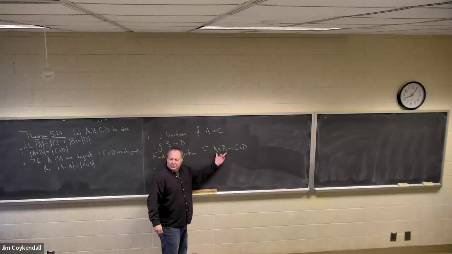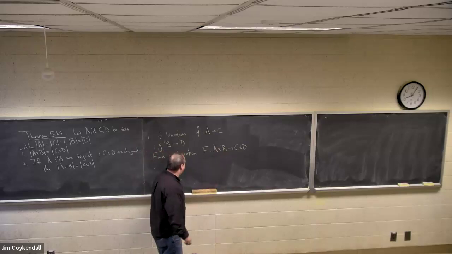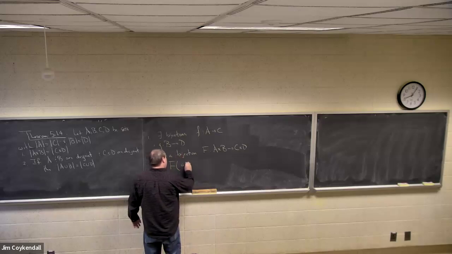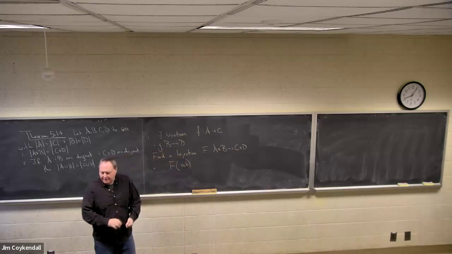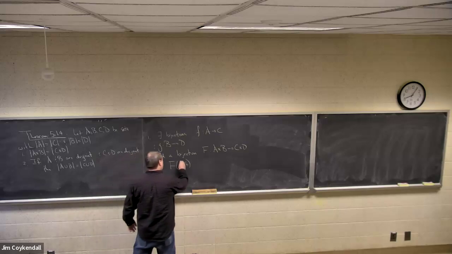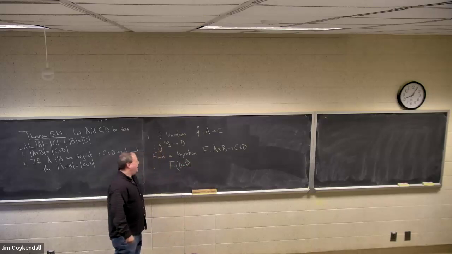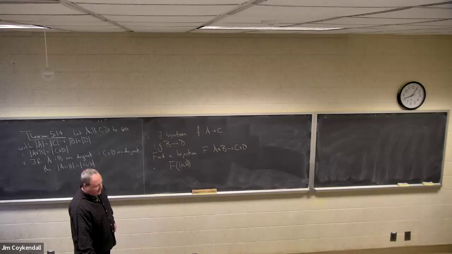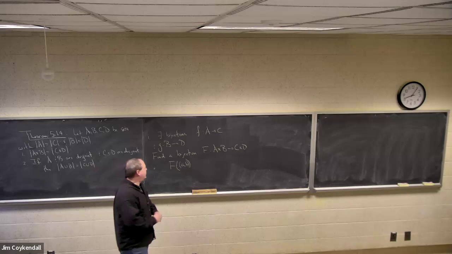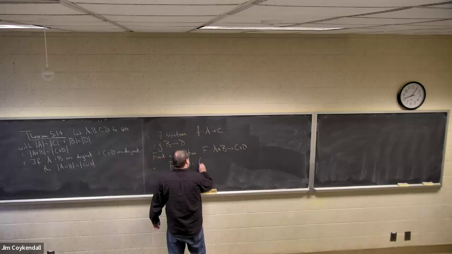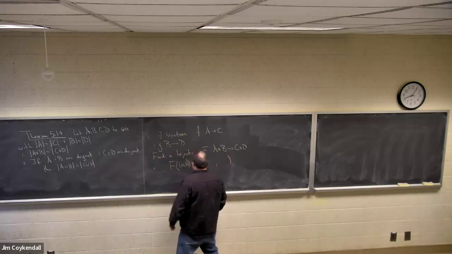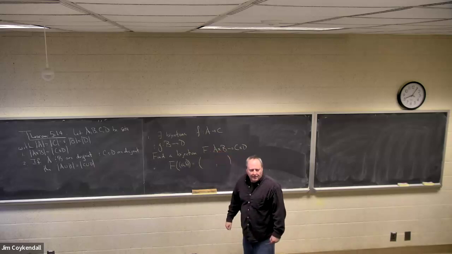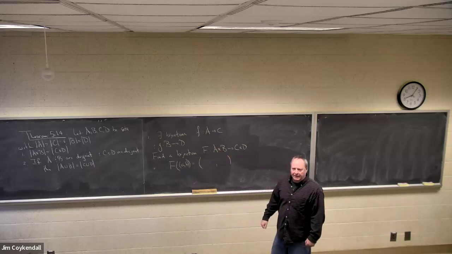What does an input of this look like? Well, it's an ordered pair. It's this: F of (a, b). Now, I need this to give me an output in C cross D, maybe using some tools I already have.